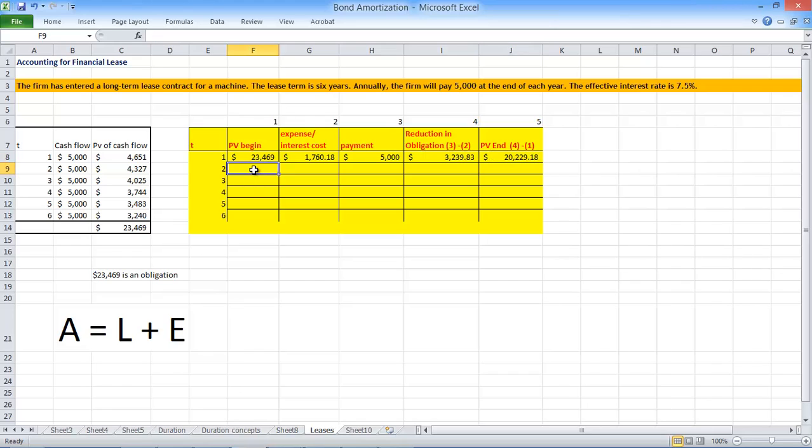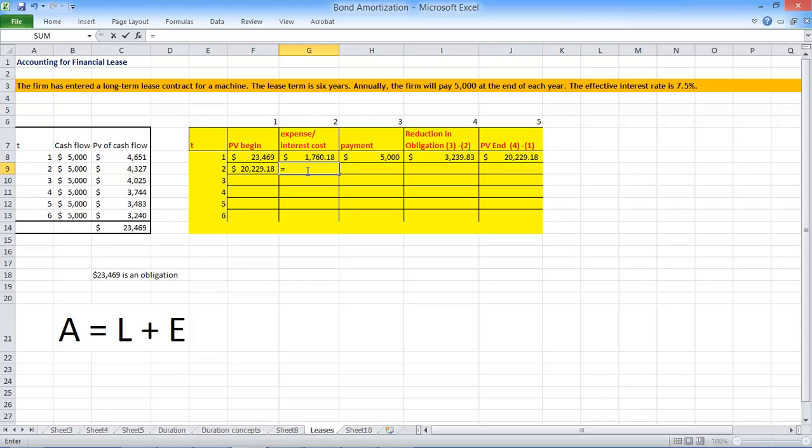So the present value beginning will be this. The beginning year two value gonna be equal to the ending year one value. You'll see this in many instances. The ending value at year one will be equal to the beginning value of year two.